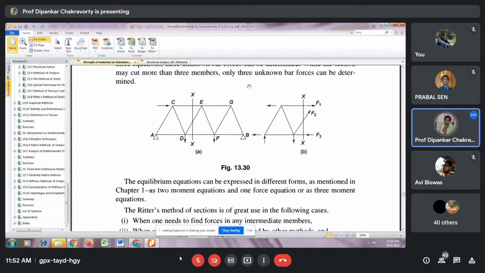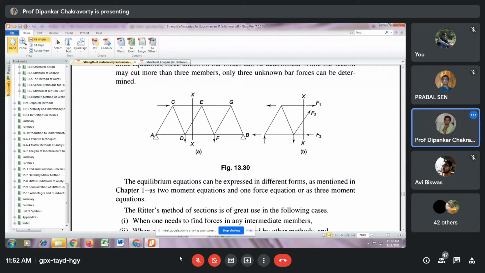If you cut three members and you take equilibrium of one side of the truss, then you will be getting three forces, because once a member is cut, the internal force comes out as external force. And since these forces are non-concurrent, you have three equations of equilibrium: summation Fx = 0, summation Fy = 0, and summation M = 0. And therefore, if you cut more than three members, you cannot solve them all.